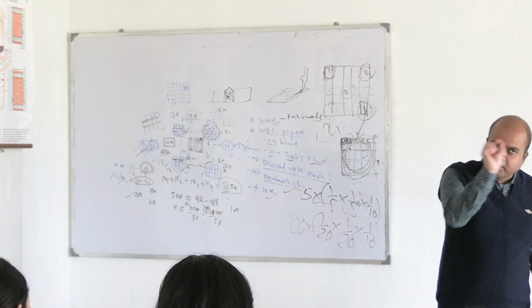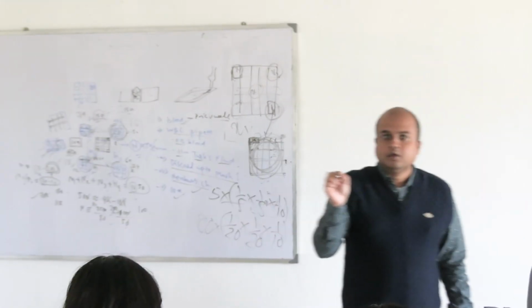We are actually counting each small square. To get one medium square, we are counting 16 small squares. By the rule of L, we are counting the cells in the small squares. So there are 80 such cells, but the area of each small square is 1 by 20 into 1 by 20 square millimeter, and the volume of blood overlying it is 1 by 20 into 1 by 20 into 1 by 10. Everybody get it?